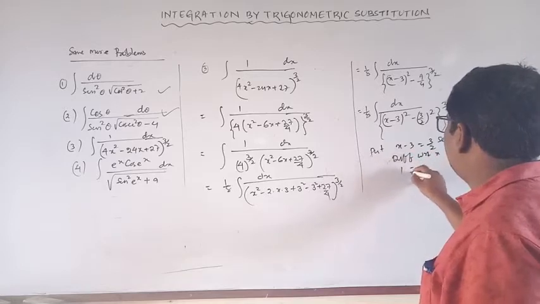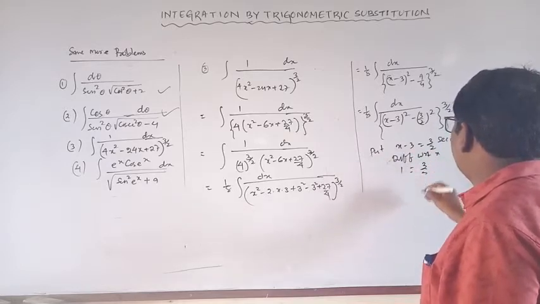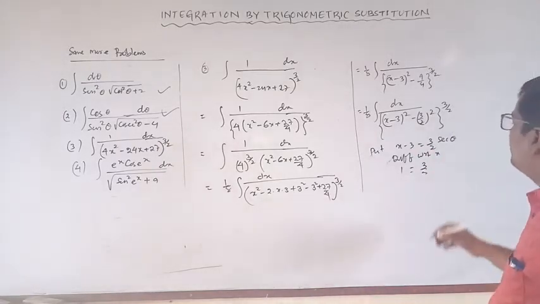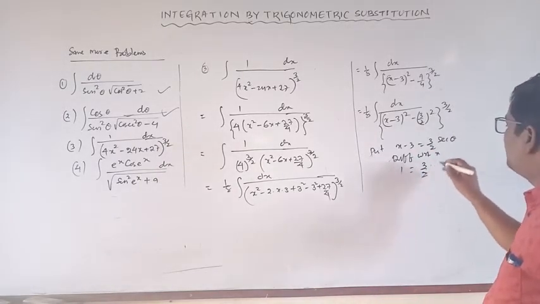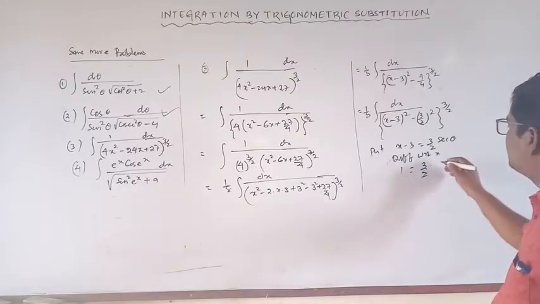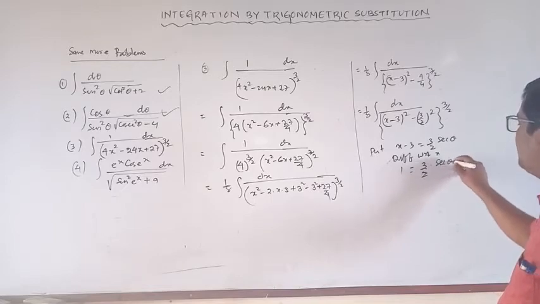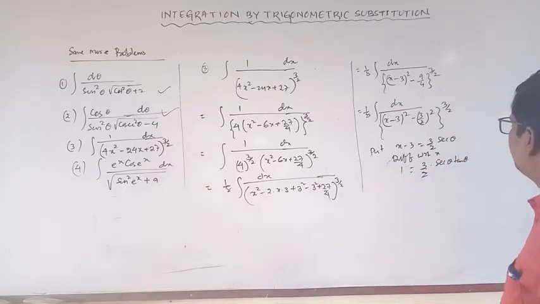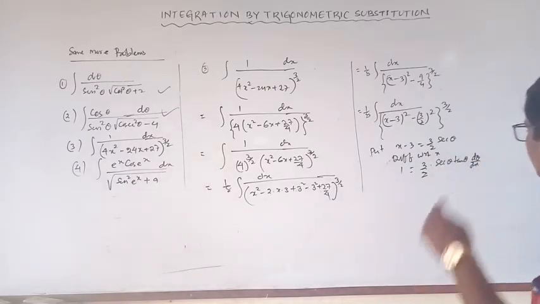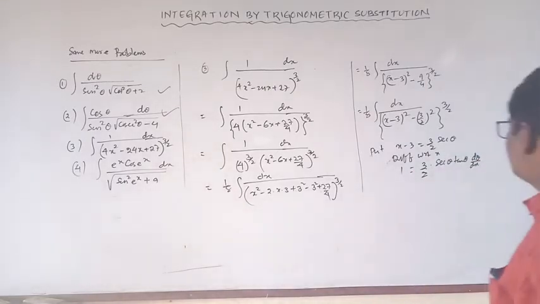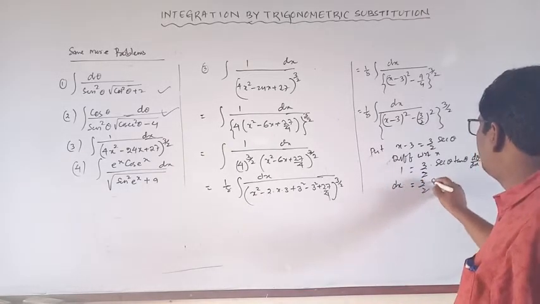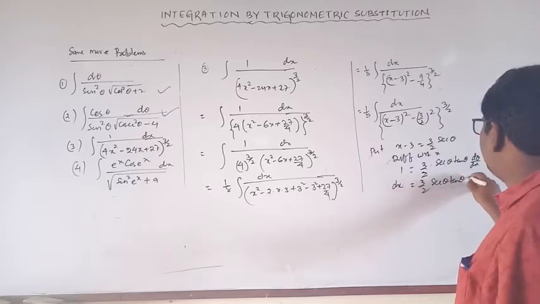So 1 is equal to 3 by 2 into the derivative of sec theta with respect to x, which is sec theta into tan theta d theta by dx. So dx is equal to 3 by 2 sec theta into tan theta d theta.